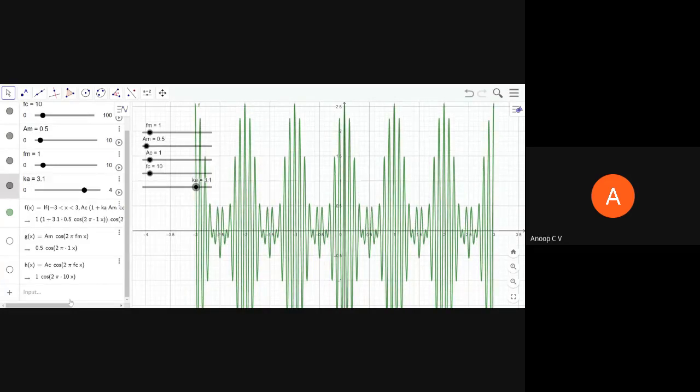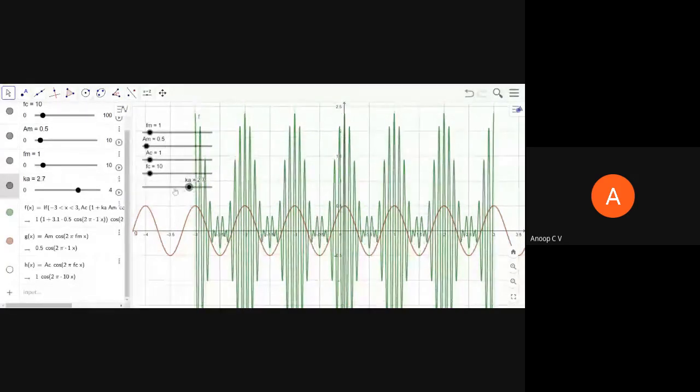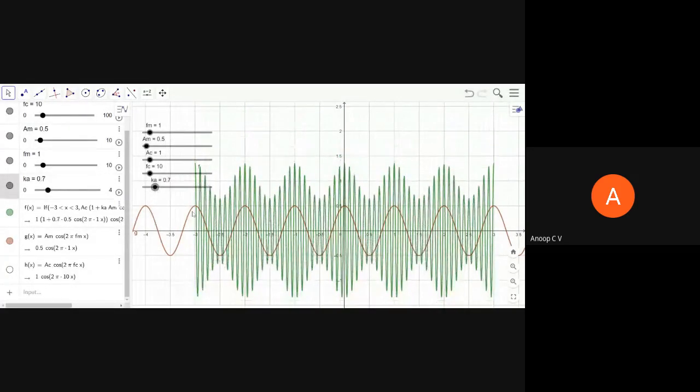Why am I saying the envelope is getting distorted? Maybe we'll observe it along with our message signal. See, this is our message signal. And now if you see, for smaller values of Ka or Ka into AM, the envelope varies exactly similar to that of the message.